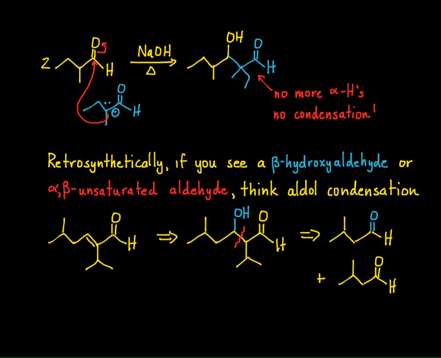And so notice I get this particular aldehyde structure, and if I draw what's on the right there, I get the same thing. So I know that this is an aldol condensation of 3-methylbutanal, and that's the product that I get from it. So now I know that this product on the left comes from the aldehyde on the right.